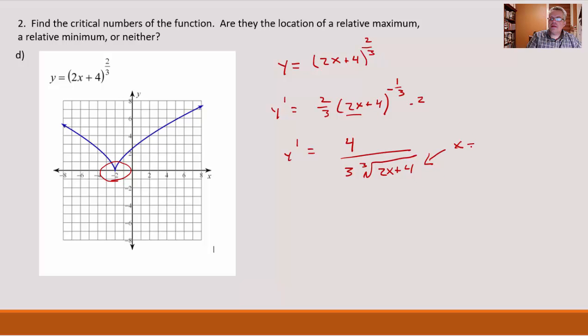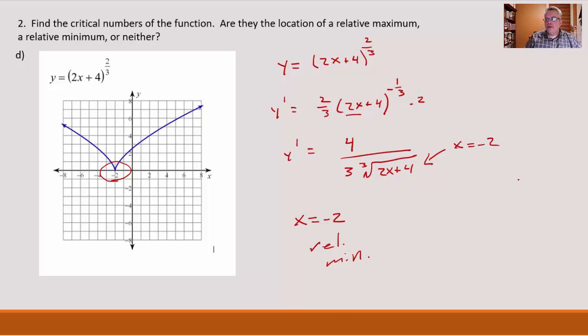And if I put in x equals -2 here, 2 times -2 is -4 plus 4 is 0. We'll get 4 over 0. And that's why the derivative is undefined there. The function's defined, but the derivative is not. So our critical point is x equals -2, where the derivative is undefined, and that would be a relative minimum.